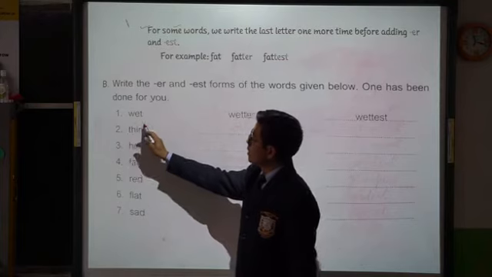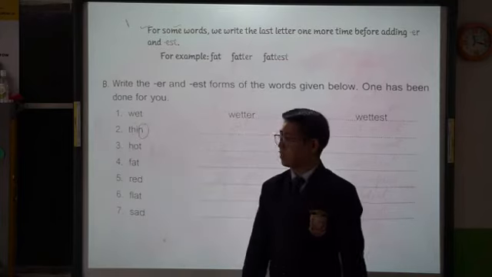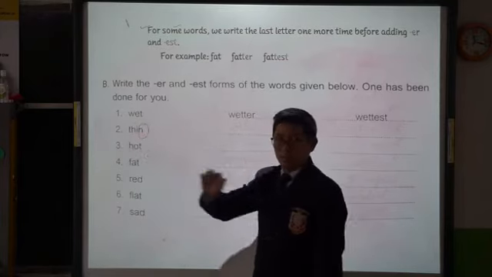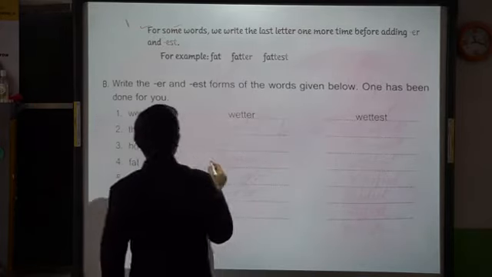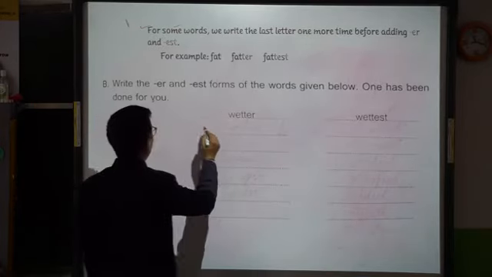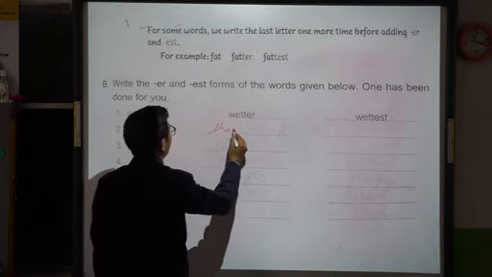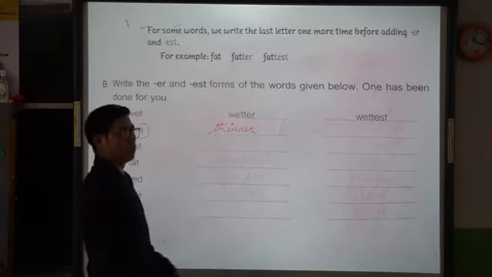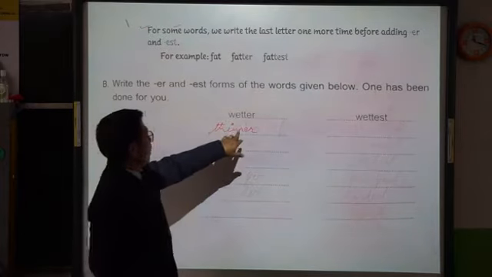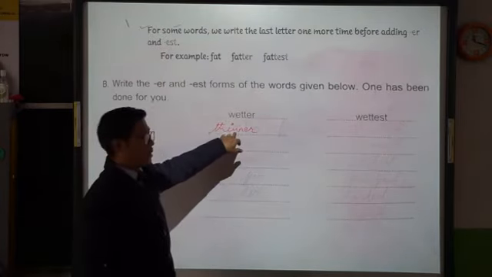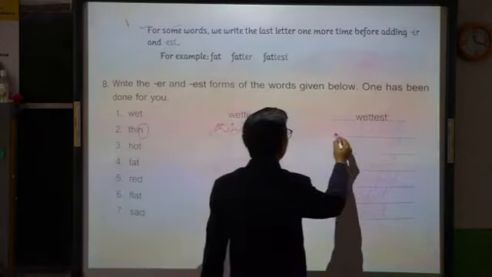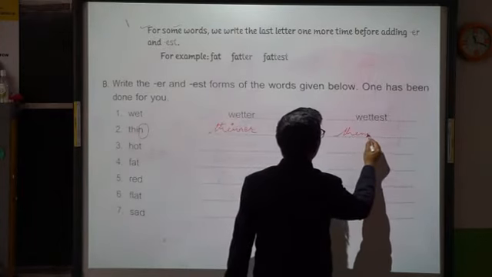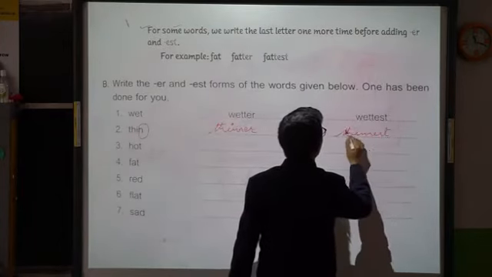Thin. The last letter here is N, isn't it? So we'll write N twice before adding ER. T-H-I-N-N-E-R, thinner. In the superlative also double N, E-S-T.